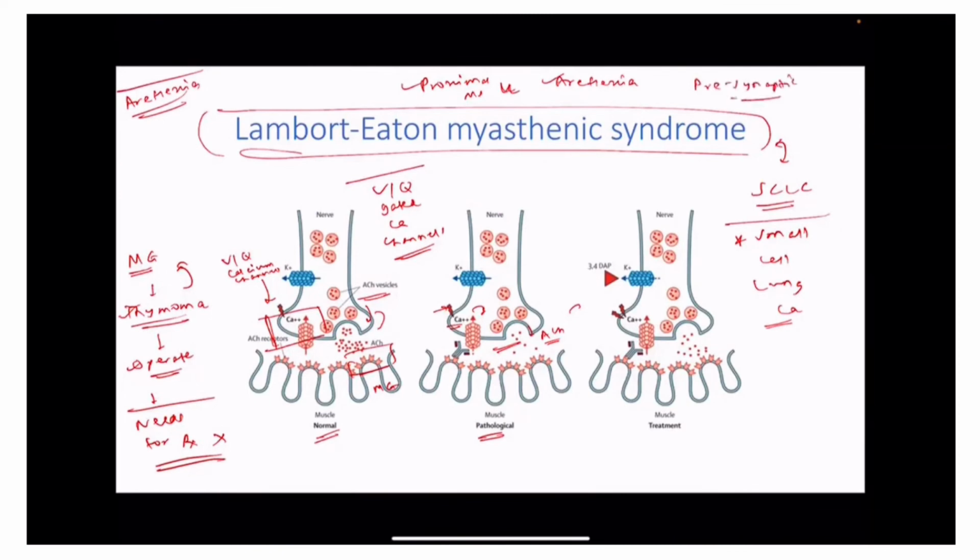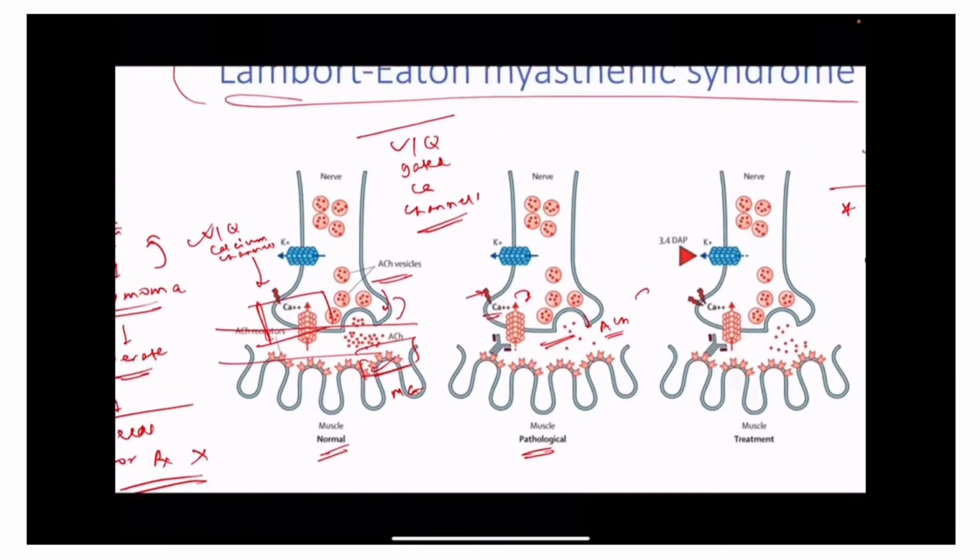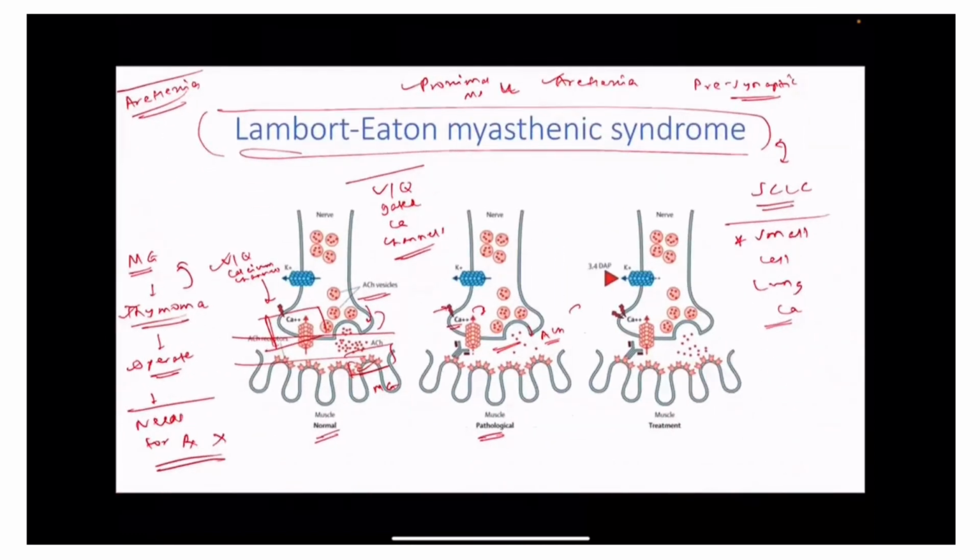There are antibodies. So myasthenia gravis is postsynaptic. This is a synapse, as we know. In myasthenia gravis, there are postsynaptic receptor antibodies, whereas in Lambert-Eaton, it is presynaptic because the calcium channels are present presynaptically. So it is proximal muscle involvement, mainly lower limb muscles, and there is areflexia.